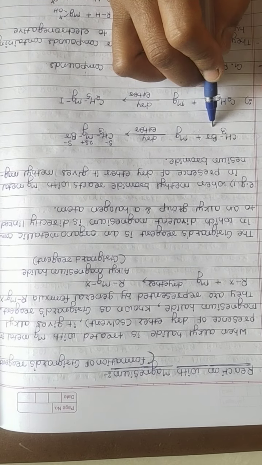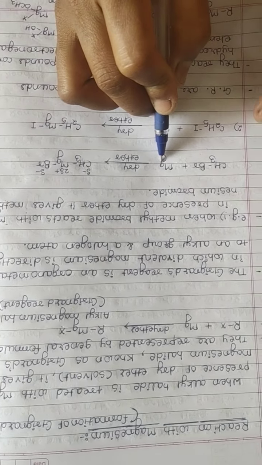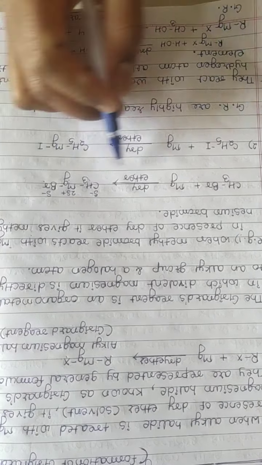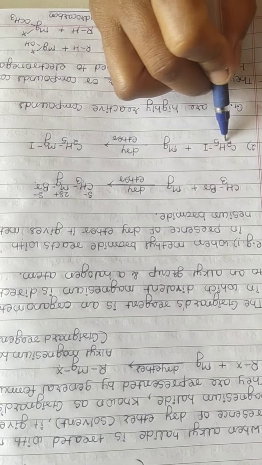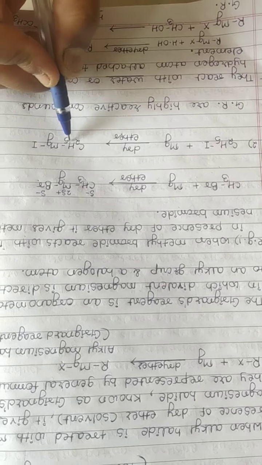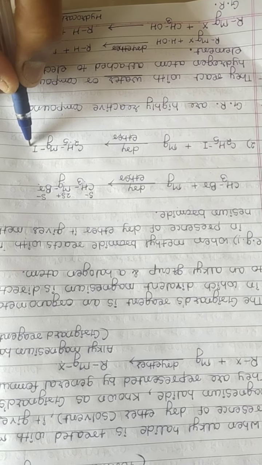Second example: ethyl iodide reacts with magnesium metal in the presence of dry ether to give ethyl magnesium iodide.